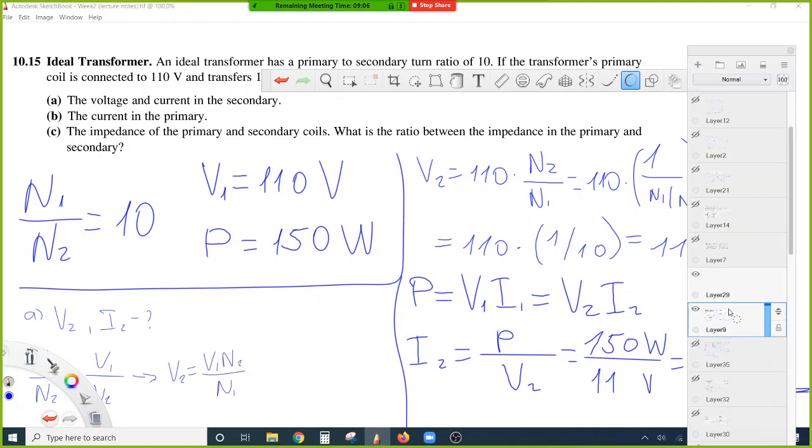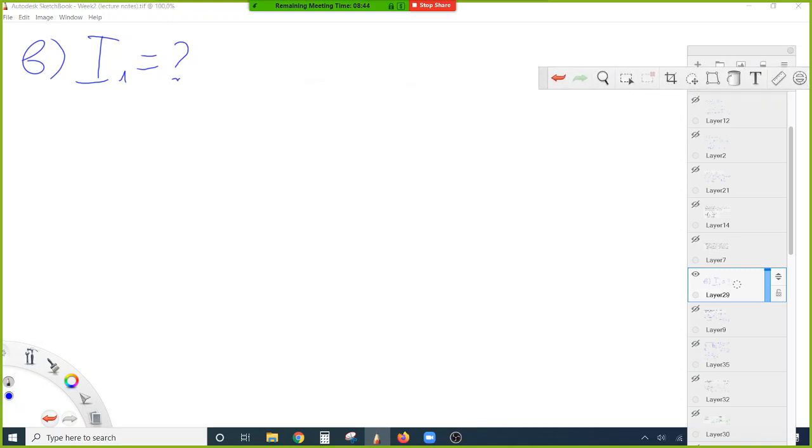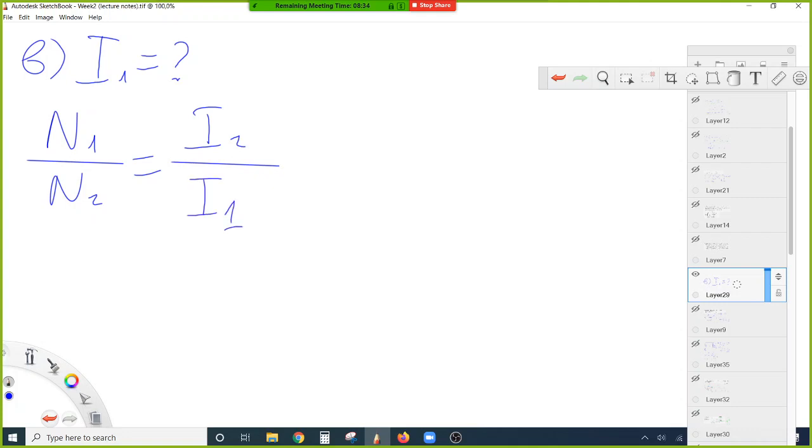Now, the next question is asking the current in the primary circuit. The question B. Current in the primary circuit. Okay, again, for the ideal transformer, we have the ratio N1 over N2 equals I2 over I1. From this ratio, we can find I1 as I2 N2 over N1.